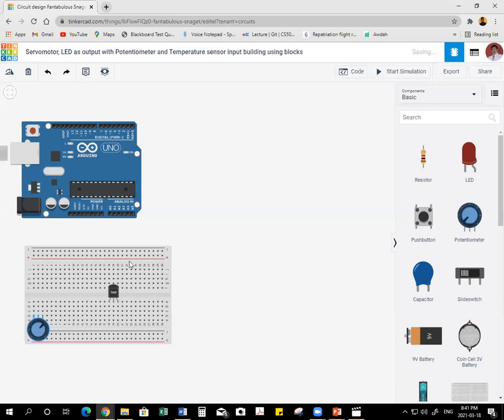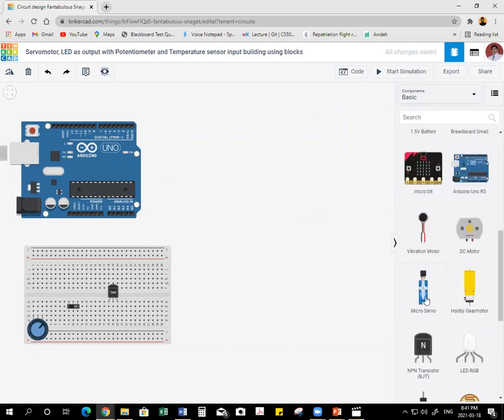Okay, potentiometer is set. Now we need a switch, a slide switch. I will rotate this because I want to read in two ways, from the potentiometer and from the temperature sensor. Okay, no problem. Okay, this is finished. Now we need a servo.